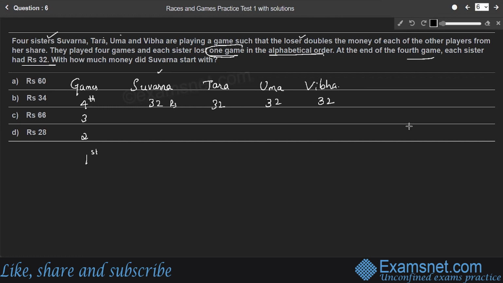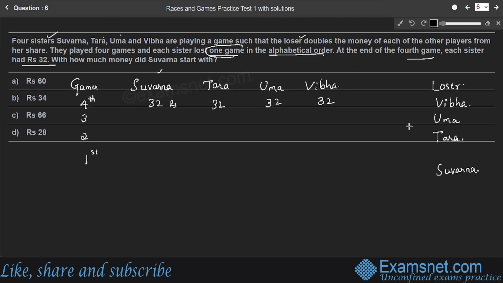So we'll consider the loser's name. In the first game, Suvarna will lose because S comes first, before T, U and V. Then in the second game, Tara will lose. In the third game, Uma will lose. In the fourth game, Vibha will lose.